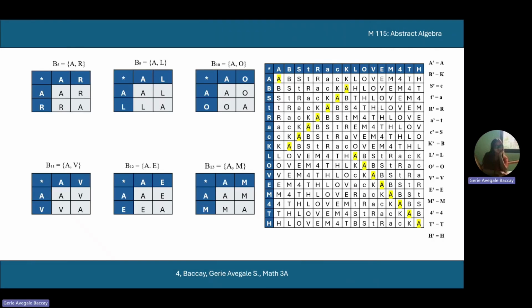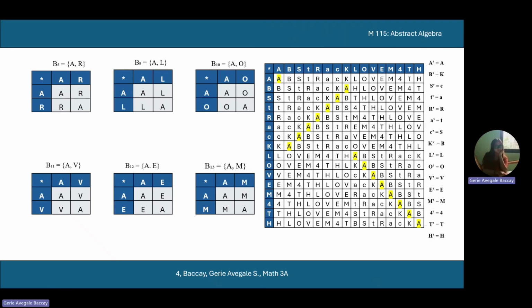So we have B sub 5, and the elements of B sub 5 are A and R. We can see that the result remains within the subset. Therefore, the subset is closed under the operation, satisfying the first condition for being a subgroup.